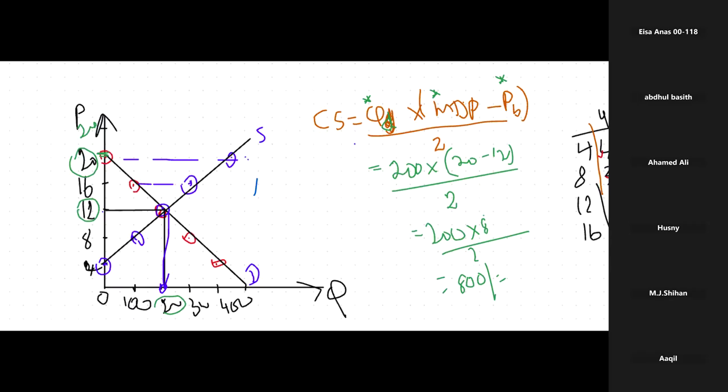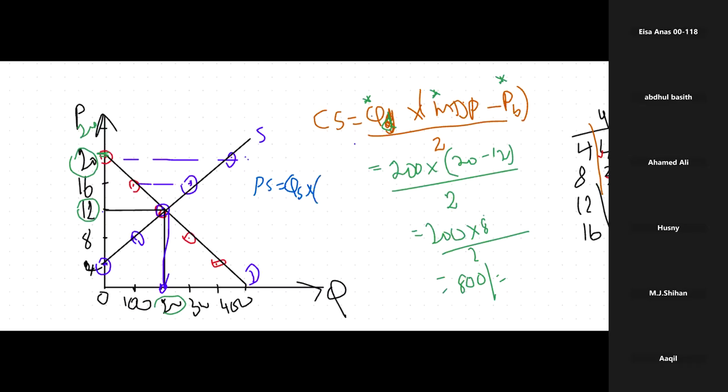In consumer surplus we put QD, and in producer surplus QS comes.